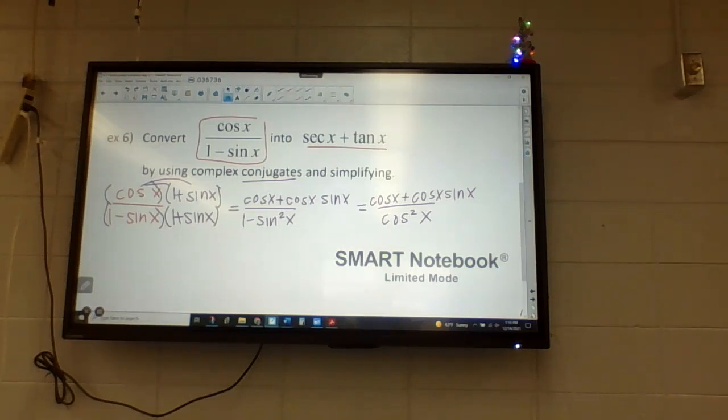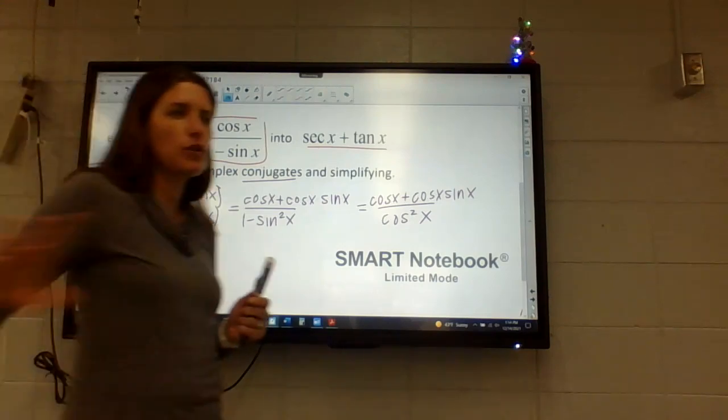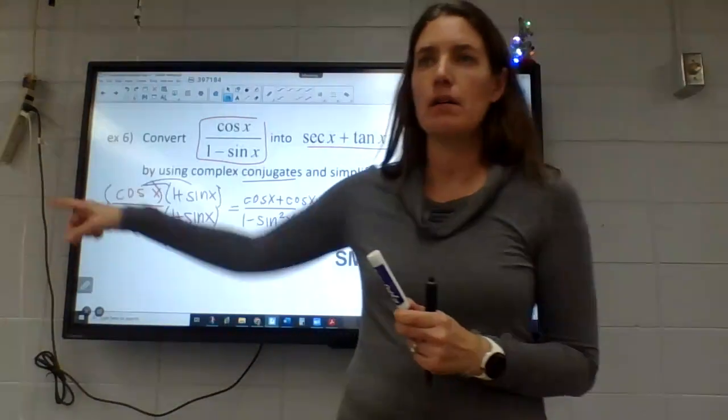Or simplify, right? What can we do? This is one where you could cross out the cosine x because the bottom is squared. Close. I don't think exactly what you said is correct. There's an x in each spot and there's an x squared in the bottom. How can I simplify this, if you were to simplify the algebra up there?